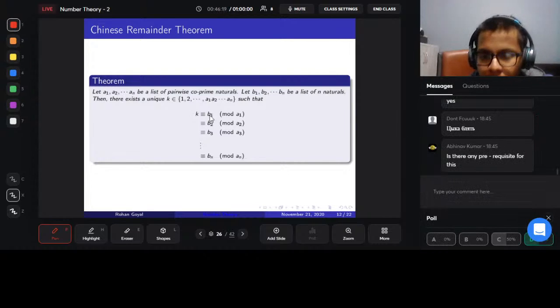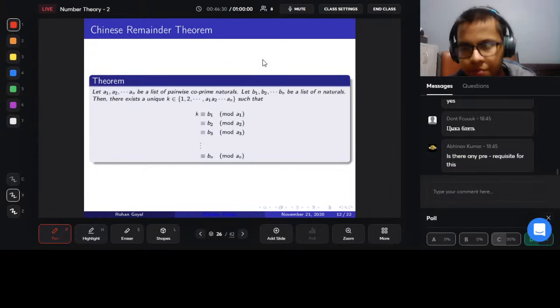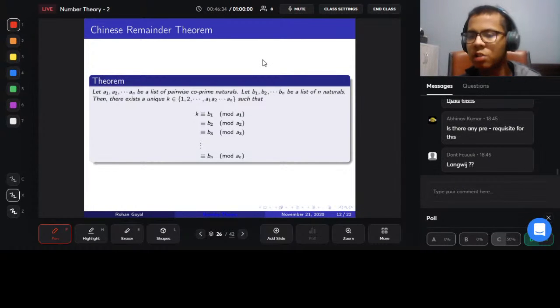For proving this, you don't need any prerequisites other than comfort with modular arithmetic, which is a prerequisite for this whole lecture today, which I've already told you. Proving this is not very hard.